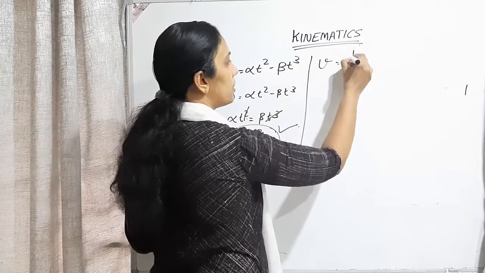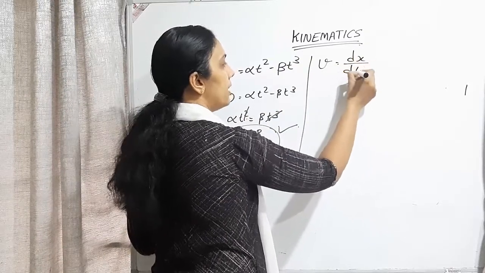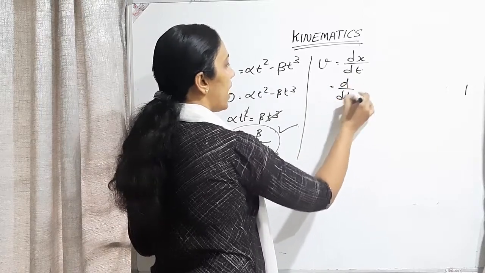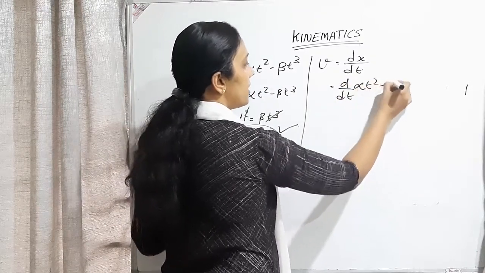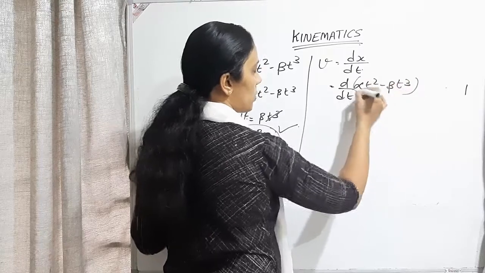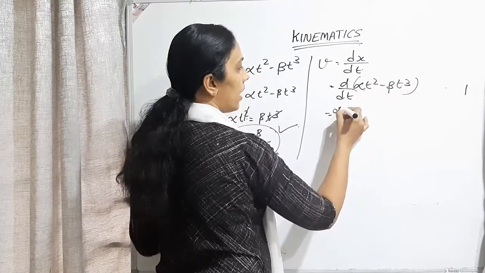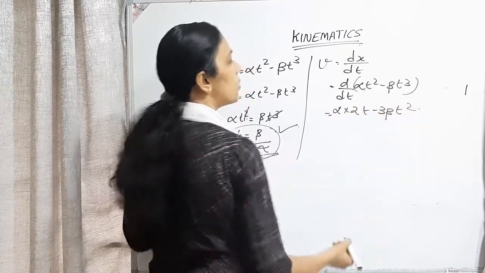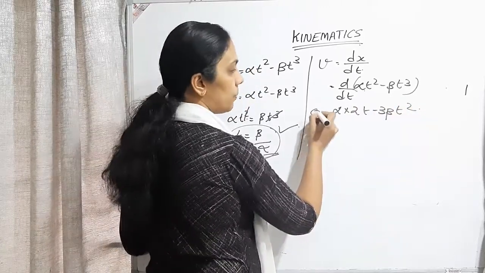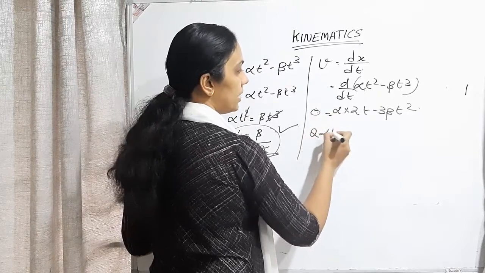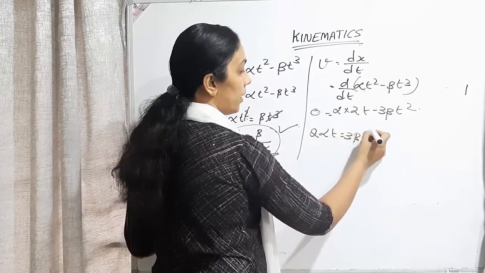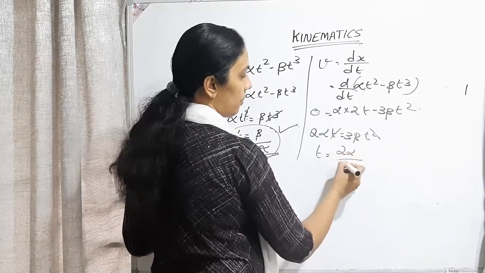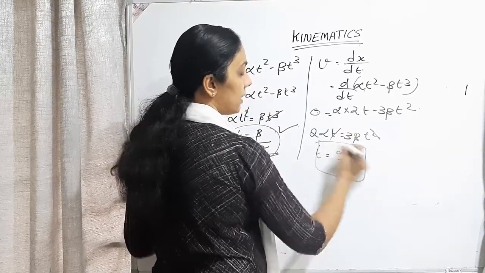So we can find out the velocity by taking the differential of x. So d by dt of alpha t square minus beta t cube. Constants we can take outside: alpha into 2t minus 3 into beta t square. So when velocity is equal to 0, 2 alpha t equals 3 beta t square. So here t will be equal to 2 alpha by 3 beta. So that is a correct option.